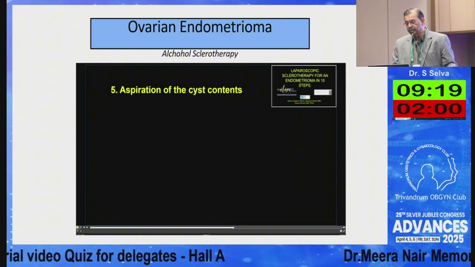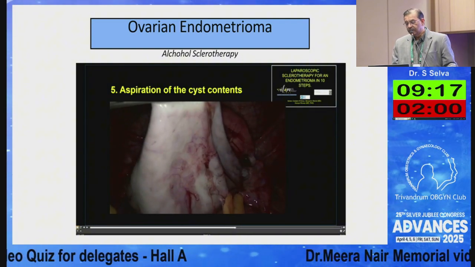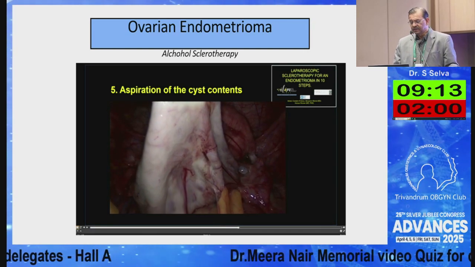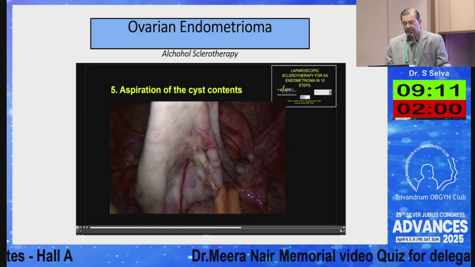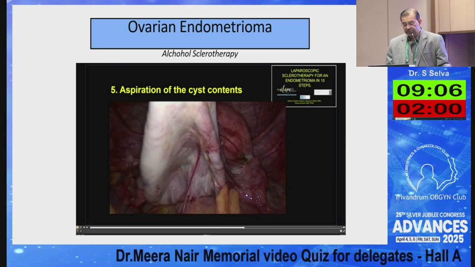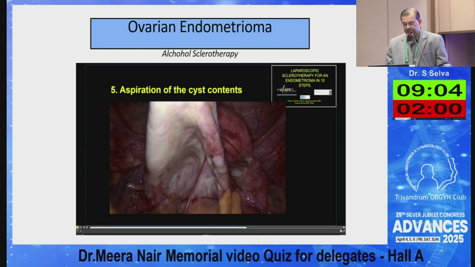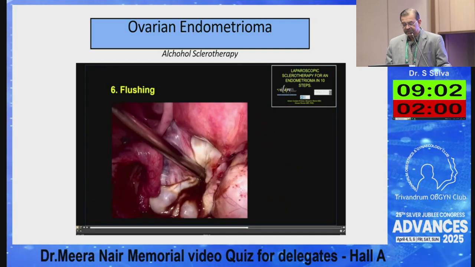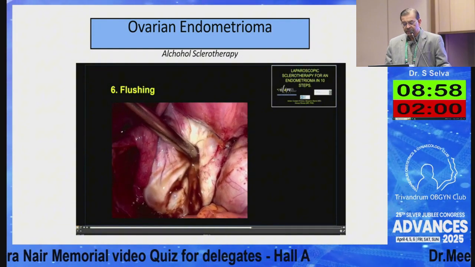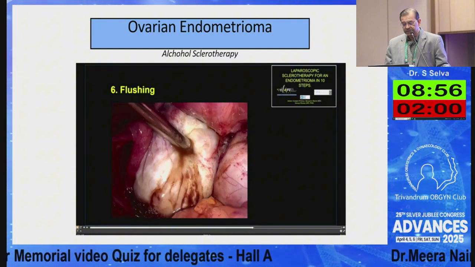So this is what he's doing. After aspiration, you flush the cyst a few times to make sure all the contents are aspirated, and then you place alcohol inside the cyst, into the ovary. He has done that, he's flushed, and then he's putting a silicone catheter into the cyst.